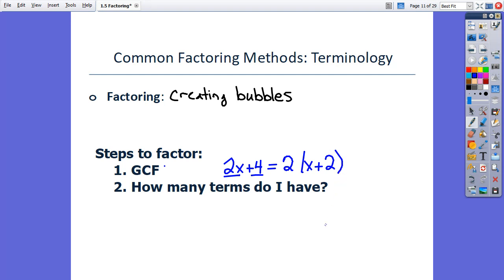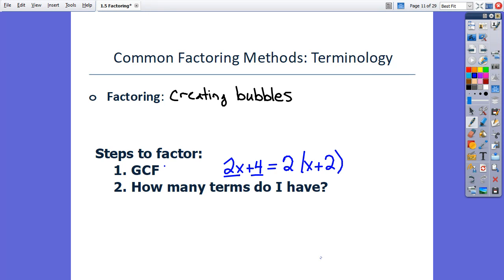And then what we have left is the x plus 2. So it's a reverse distributive property kind of thing. It's the distributive property, but in the other direction. So factoring itself is not really a property. We're utilizing the distributive property, but in the other direction, to create a product from a sum or difference.